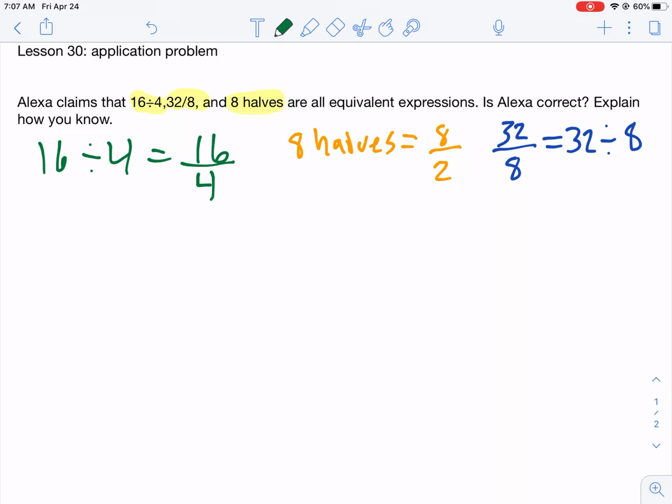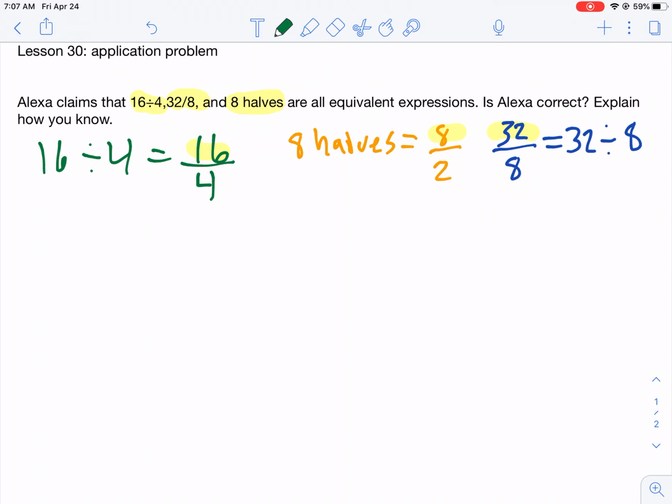And let's just look at 16, 8, and 32. What can we do to 16 to get it to 32? Does that help you now? Let's see. Okay, so we have 16 fourths.